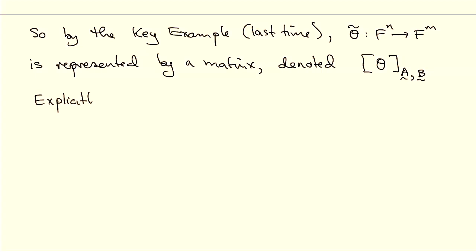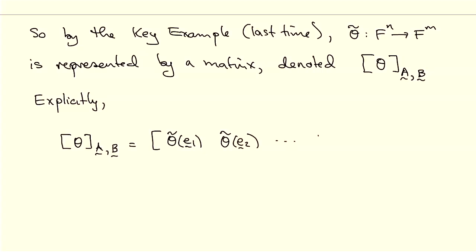So explicitly, what is the matrix of theta with respect to B and A? Well, we discussed from the key example, it's meant to be the matrix of theta twiddle. And the matrix of theta twiddle is the matrix where I just take theta twiddle evaluated on the first standard basis vector as the first column, the second standard basis vector, and so on up to the nth standard basis vector.